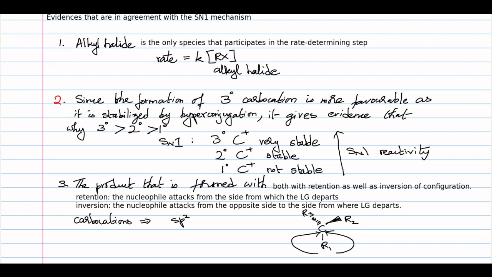Because this is an sp2 hybridized carbon, it has a planar structure, so attack is possible on either side. So if this is your nucleophile, attack is possible either from this side or from the other side.